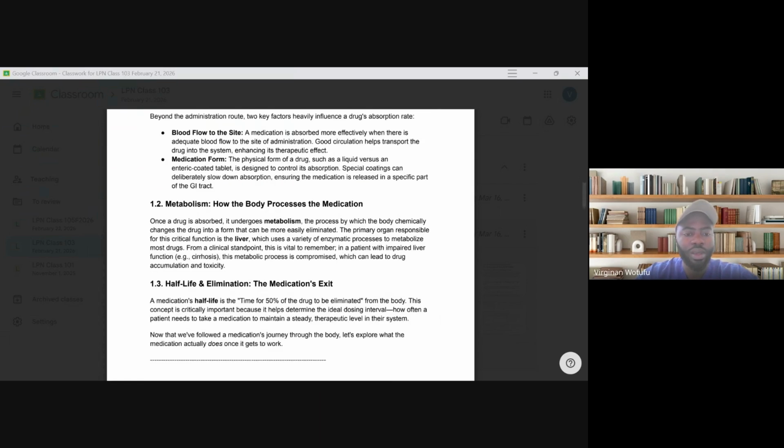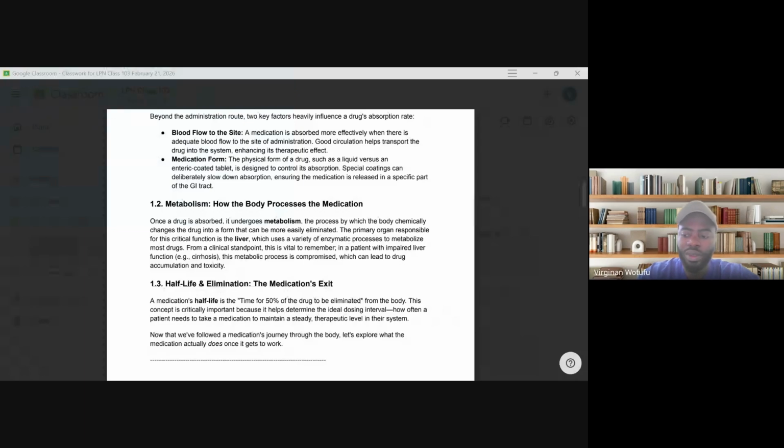So looking at the half-life and elimination, how the medication exits. The half-life of a medication is the time for 50% of the drug to be eliminated from the body. Knowledge of the half-life helps us with dosing, how often we should give another dose, right?